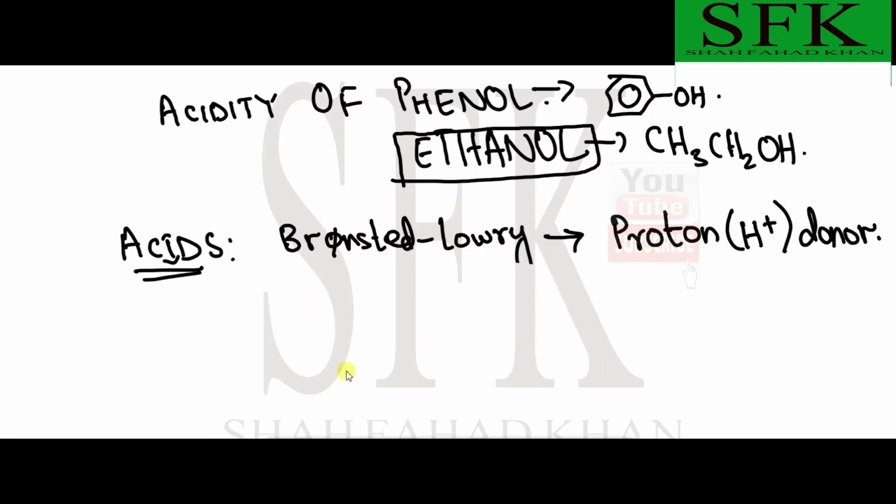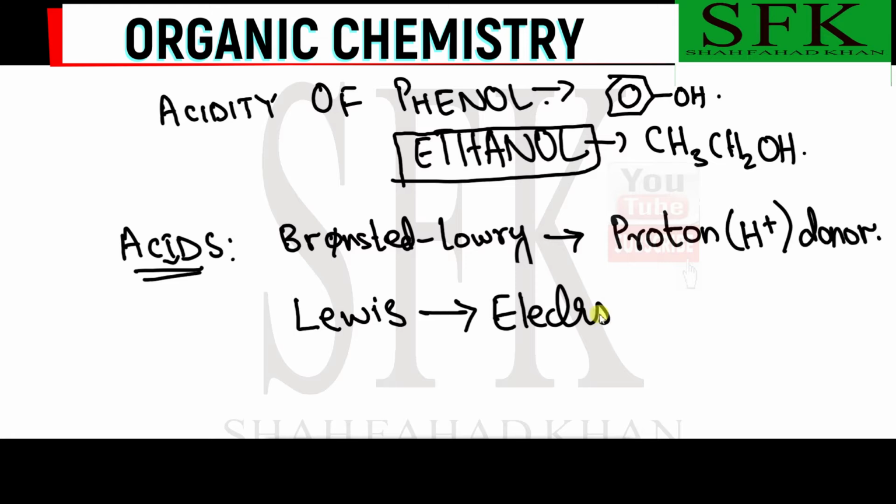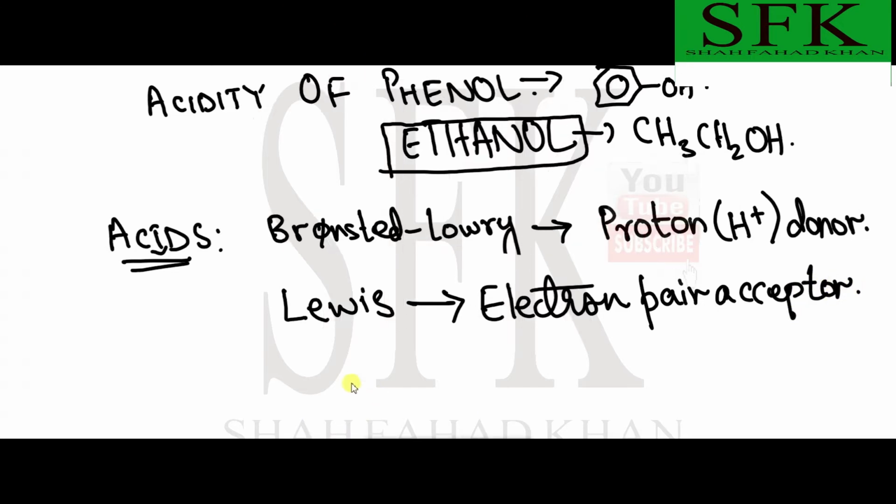Okay. Now the second definition of an acid is the Lewis definition. According to the Lewis definition, an acid is any substance that is an electron pair acceptor. So anything that accepts electrons is a Lewis acid.